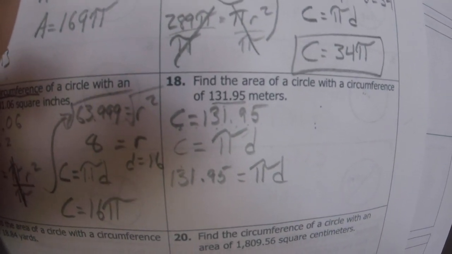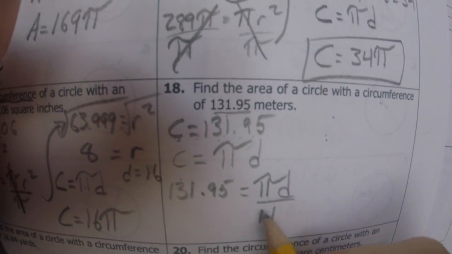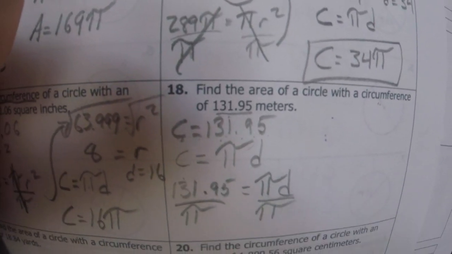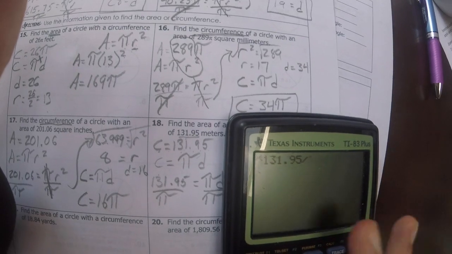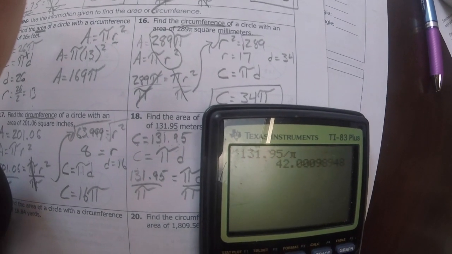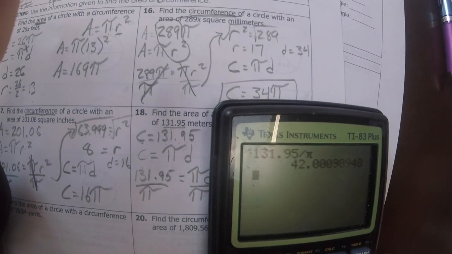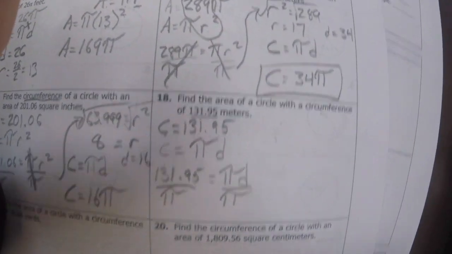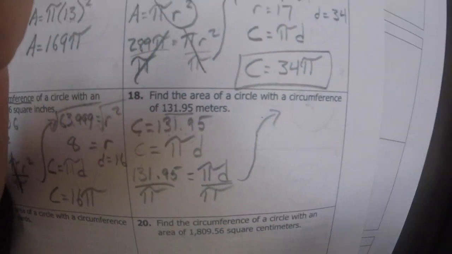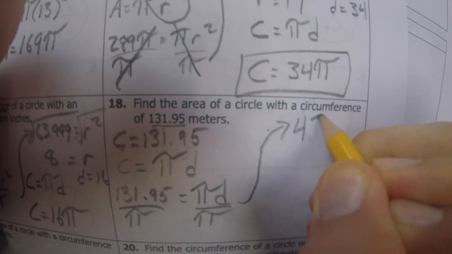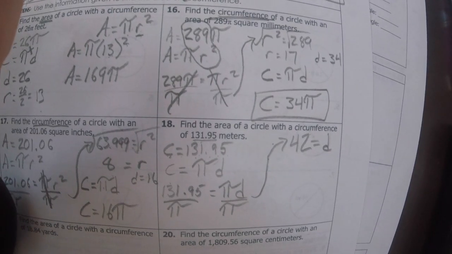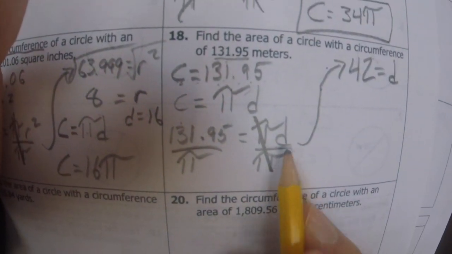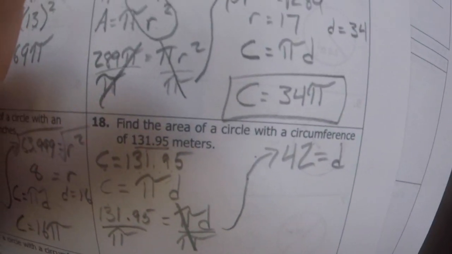Well, I can figure out the diameter now because I can just divide by pi, and we got to do 131.95 divided by pi, and I get 42.000, otherwise known as, we're going to round, 42 equals D. Alright? Because these will cancel, so you're just left with D, and this ended up being 42.